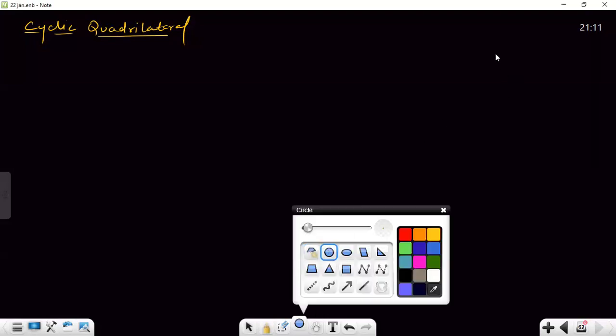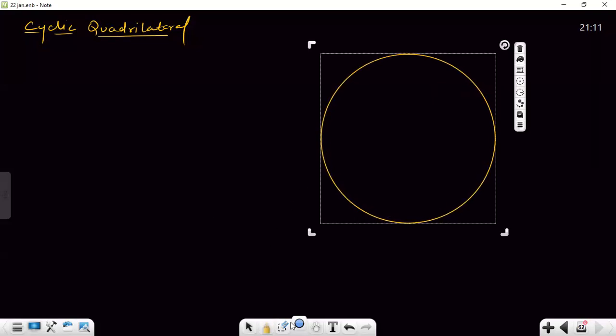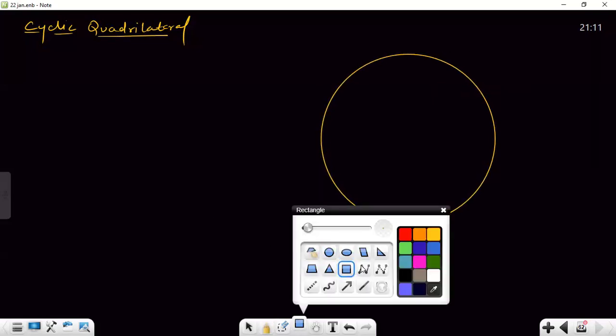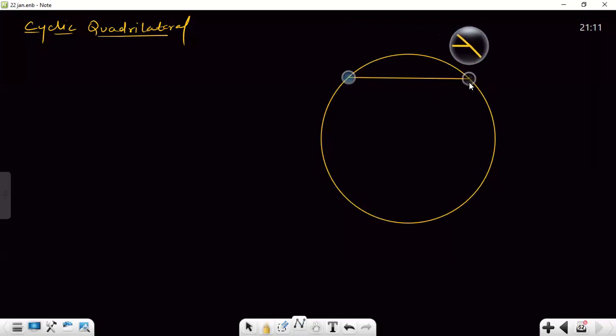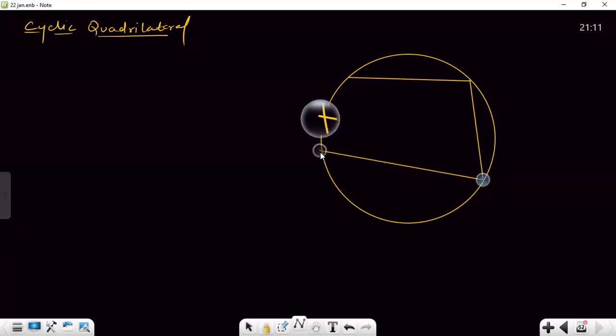There is a circle, and the quadrilateral that is inside the circle, all the vertices are on the circumference of the circle. This quadrilateral will be known as a cyclic quadrilateral.